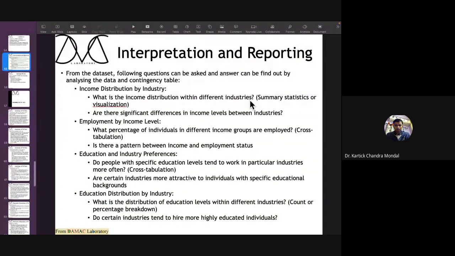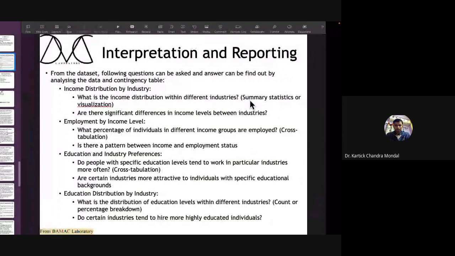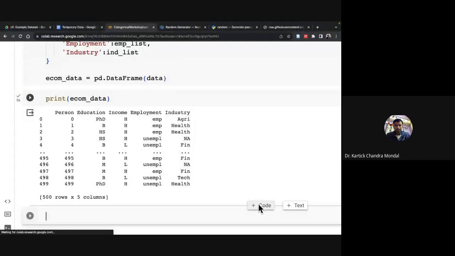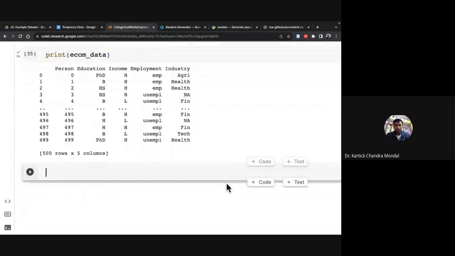We can get it by grouping. We have to group the industry based on the income. Remember, in the last class we used df dot group by.